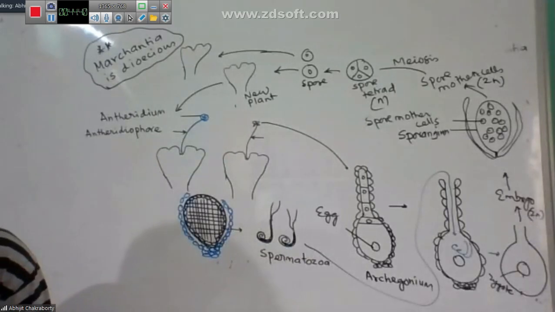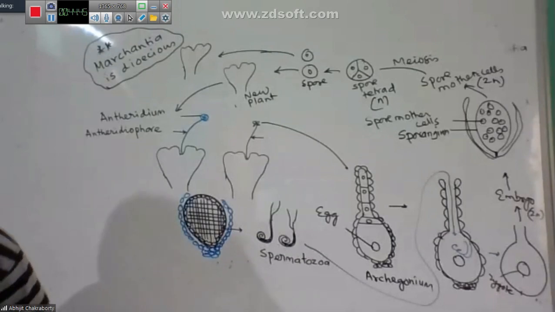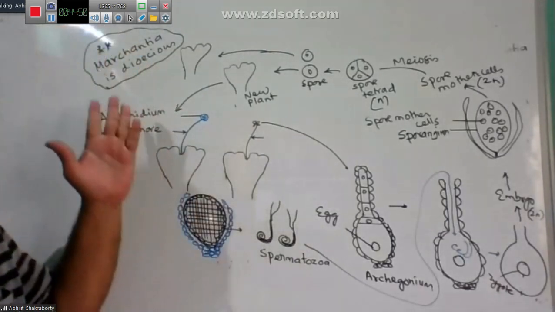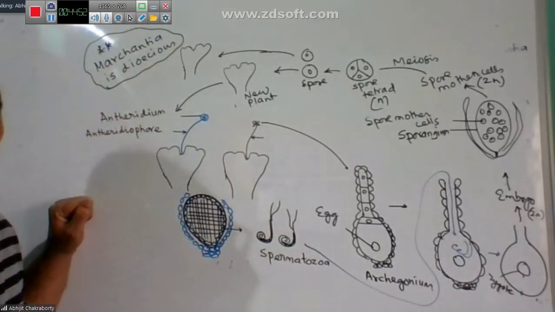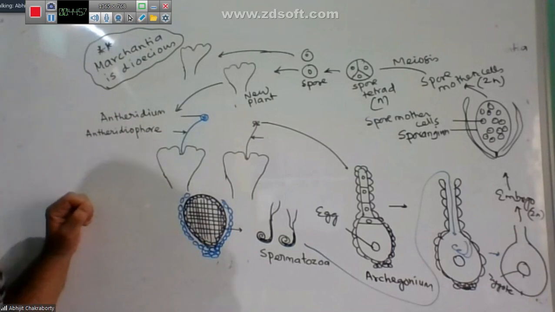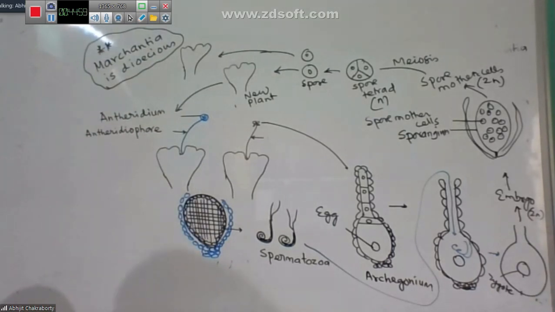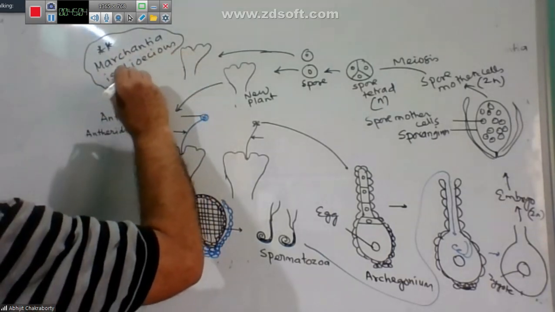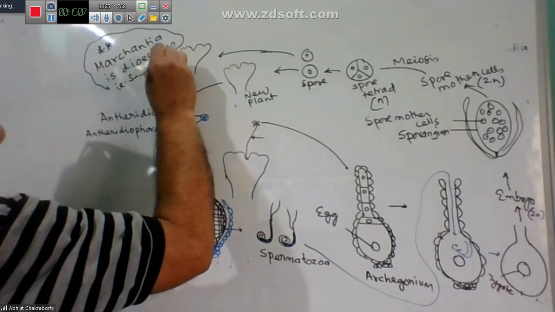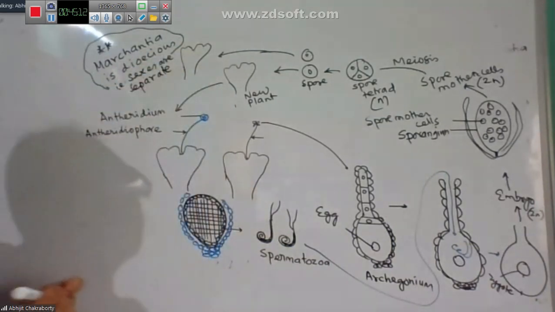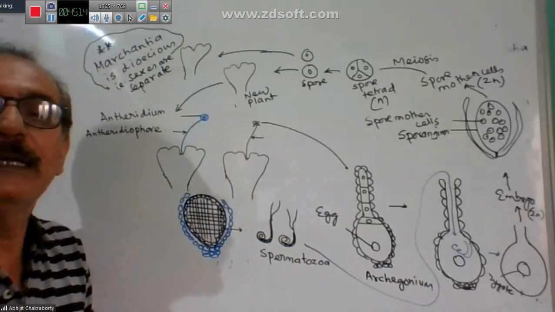That means sex organs are developed in two different plants, right? Whenever antheridium is developed in one plant and archegonium in the other plant, then the condition is called dioecious. These sexes are separate. Clear?